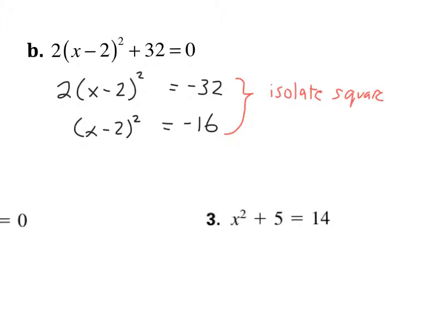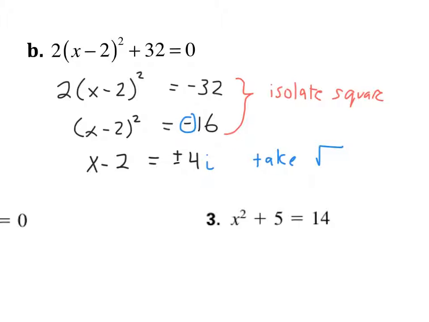Now the next step is to take the square root. I'm not going to write the radical around it because you already know I'm doing it. If I were to take the square root there, I would get plus or minus 4, but now I also have to deal with this negative, which becomes an i. So I take the square root of both sides.